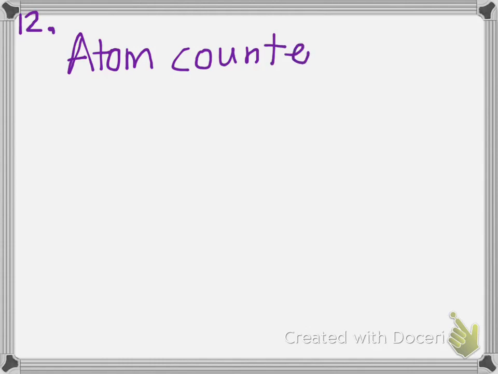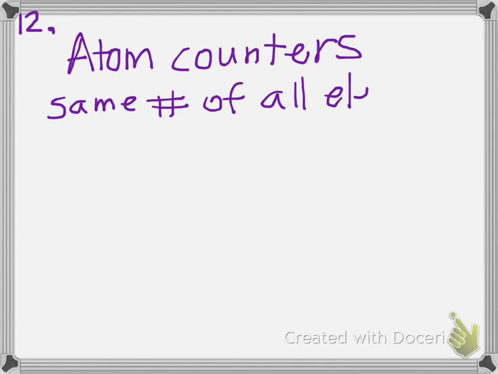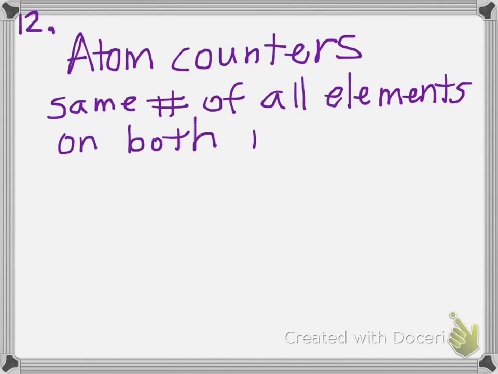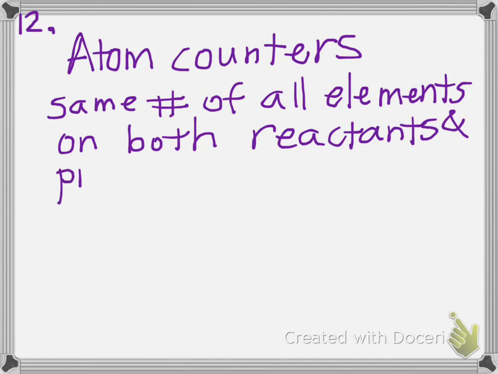Because the mass of an atom doesn't change in a chemical reaction, we can just count that we have the same number of all the elements on both the reactants and products side of the equation.